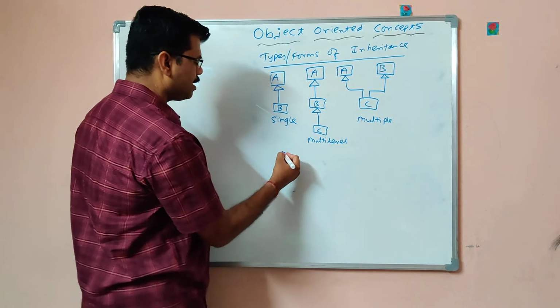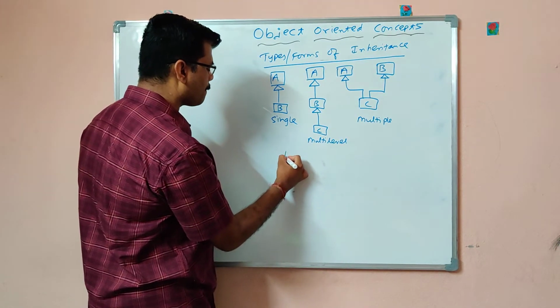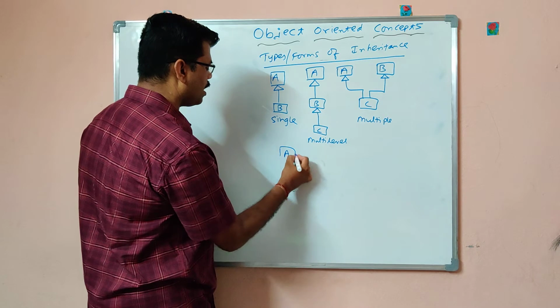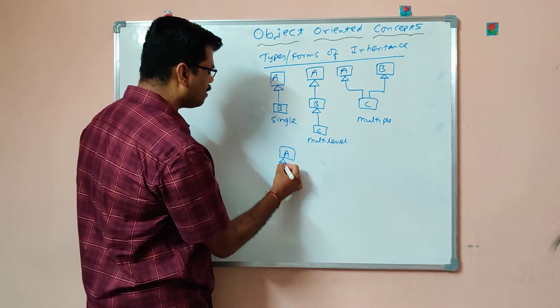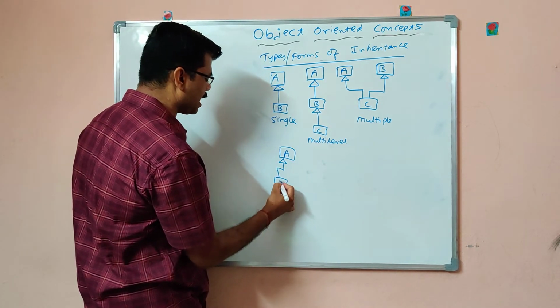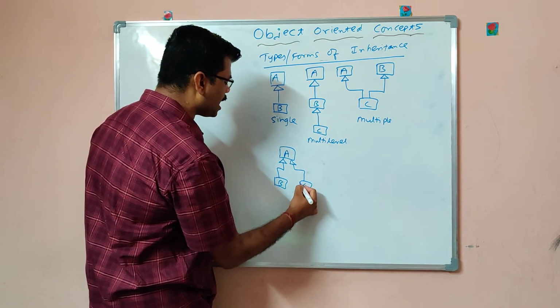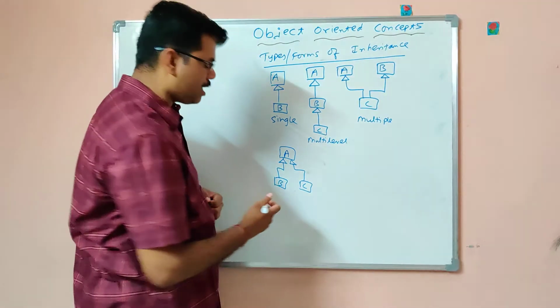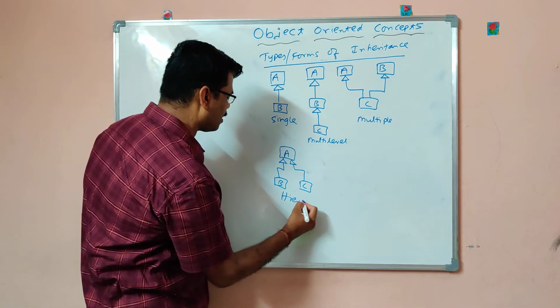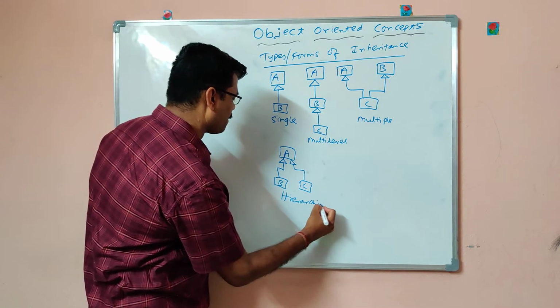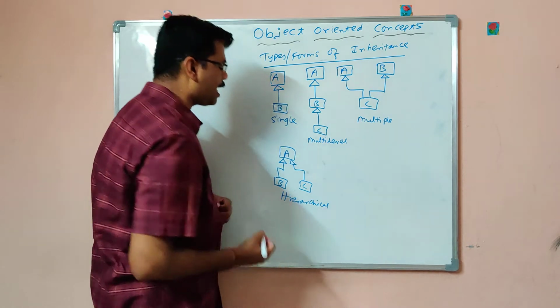If you consider a class A, and under this class A, we are having multiple subclasses like class B and one more class C. So one superclass with multiple subclasses, we call it as hierarchical inheritance.